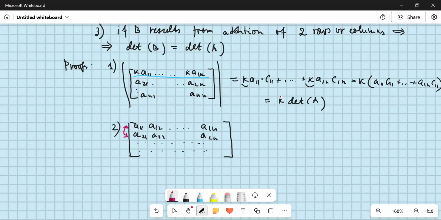Well, if I put row number 1 in the position of row number 2, what is going to happen to the formula? Remember that we do have this checkerboard rule for the signs of cofactors. So if I place all my elements of the first row in the second row, they are still going to stay like elements A11, right?